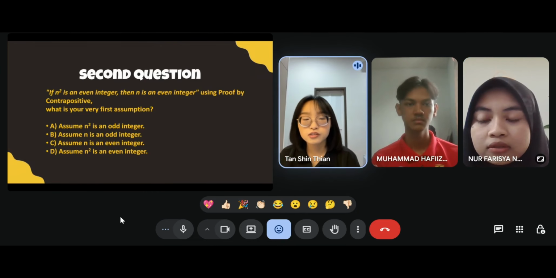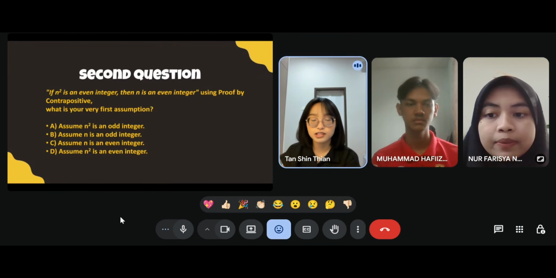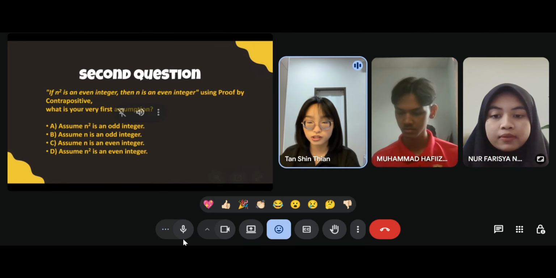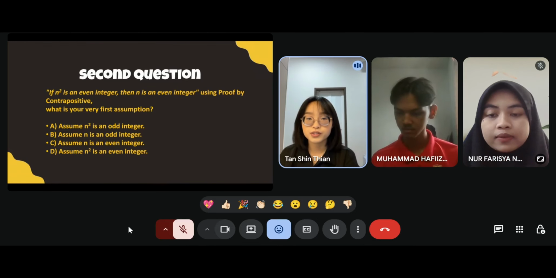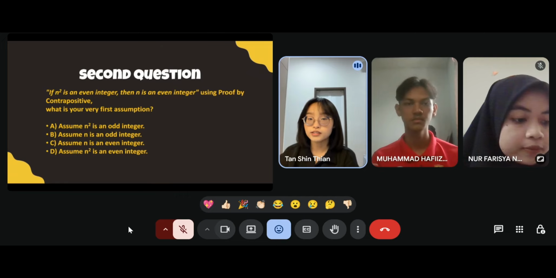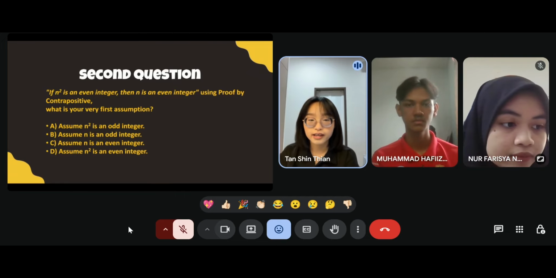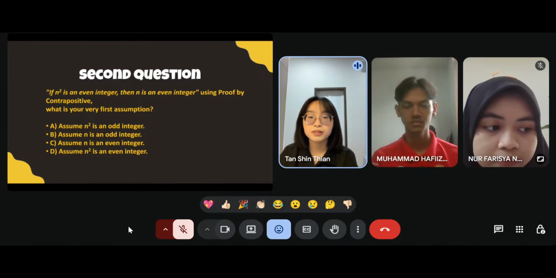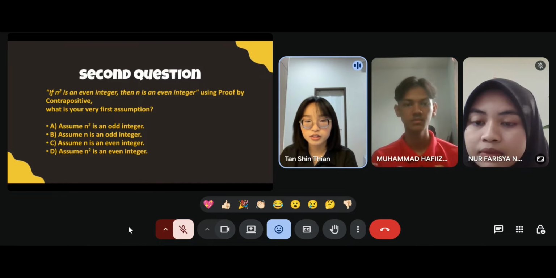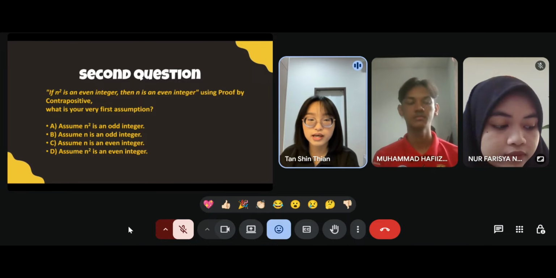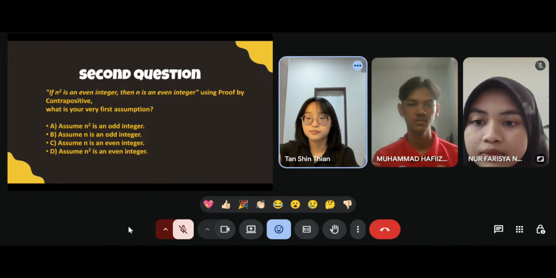For the second question, given: if n squared is an even integer, then n is an even integer. Prove this using contrapositive. What is your very first assumption? Given four options: A, assume n squared is an odd integer; B, n is an odd integer; C, n is an even integer; and D, n squared is an even integer.